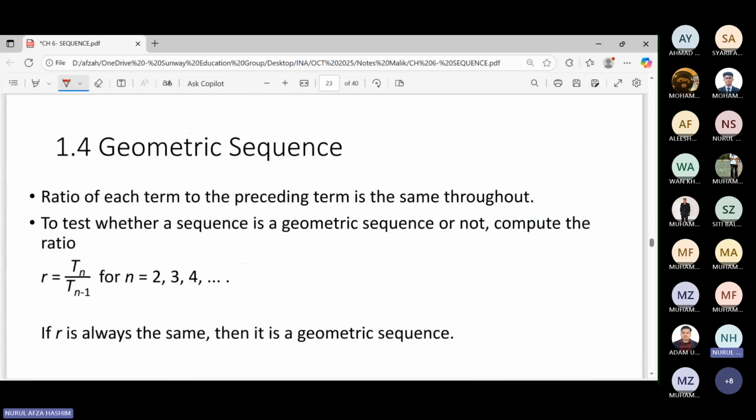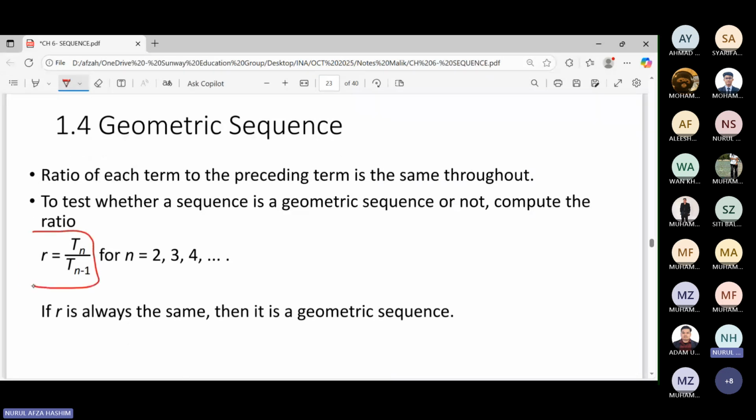Then how about the geometric sequence? In an arithmetic sequence, you add the same number. In a geometric sequence, you multiply by the same number. That's why you can see here we are using the ratio. Ratio means the number after divided by the number before. It must be the same.